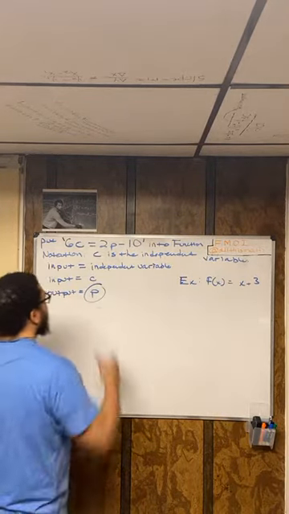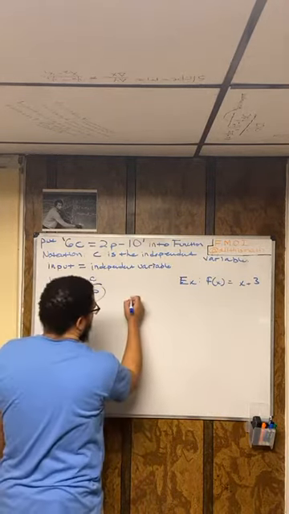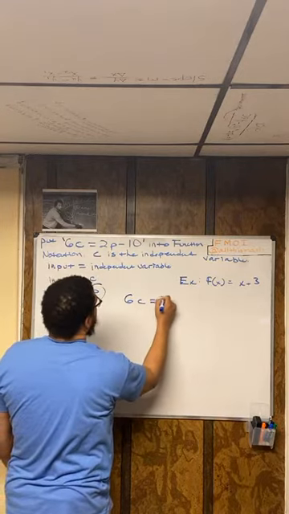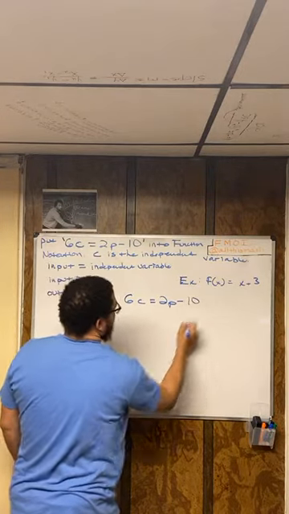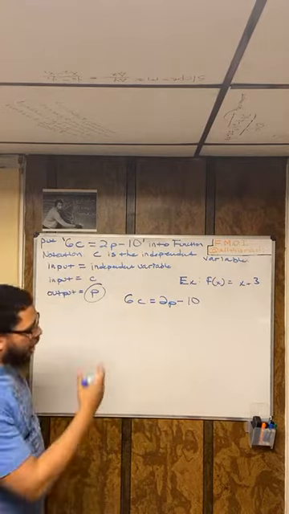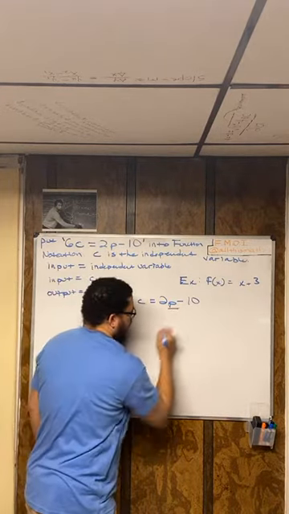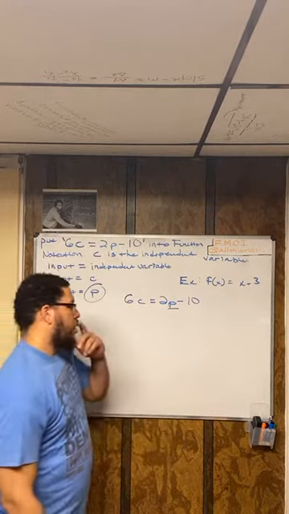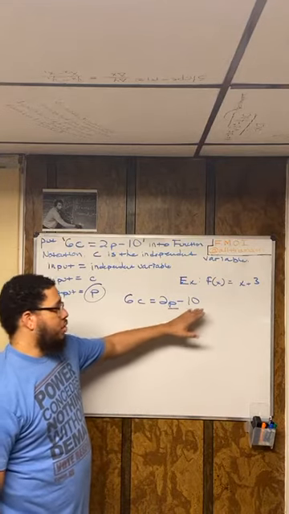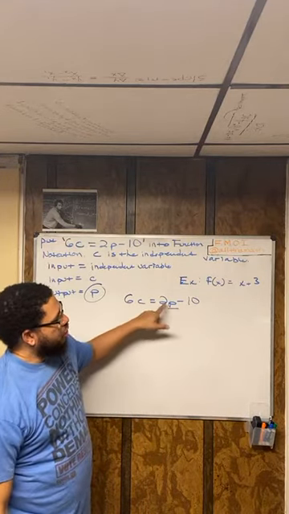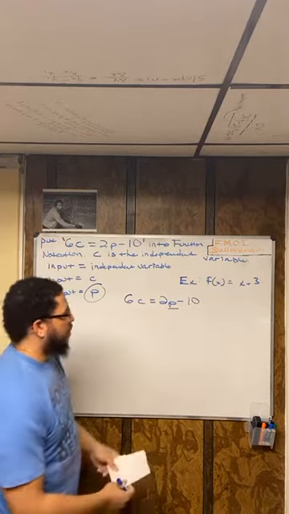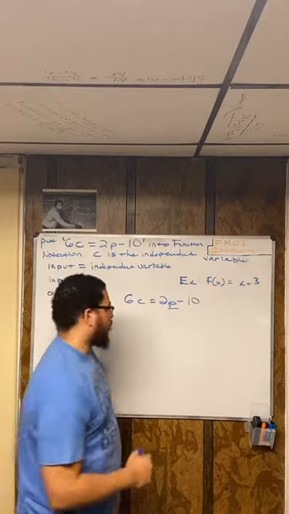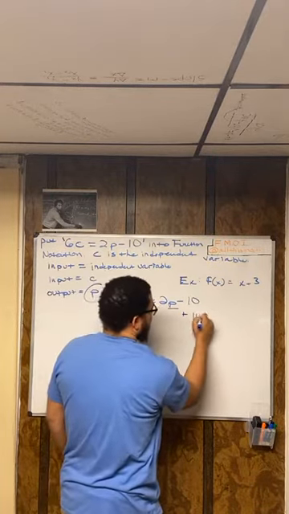All right, so I go back to this equation. I rewrite it right here: 6c equals 2p minus 10. So now, how do I solve for p? I want to isolate p on the right side of the equal sign. So the first thing I'm going to do is eliminate this negative 10 by doing the opposite operation. The opposite of subtracting 10 is adding 10.